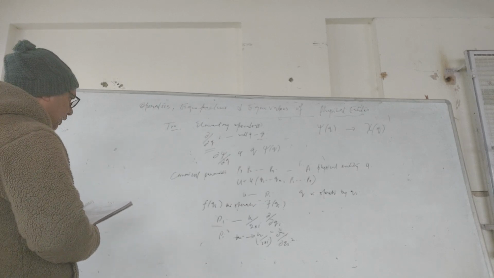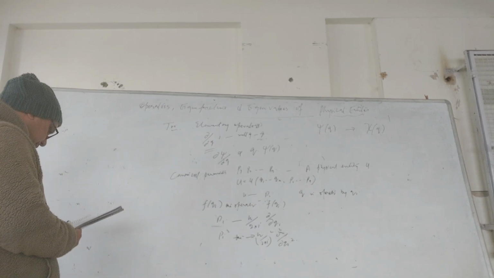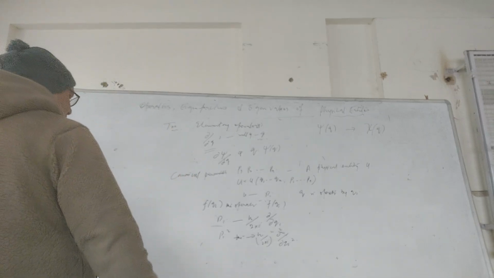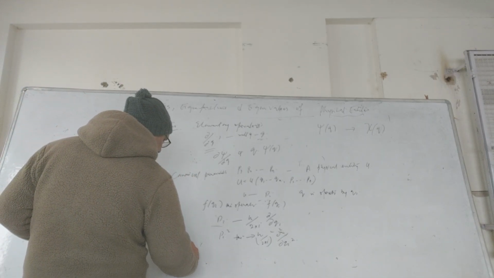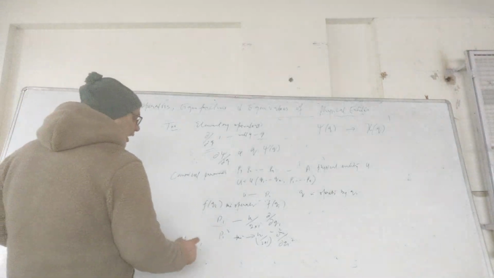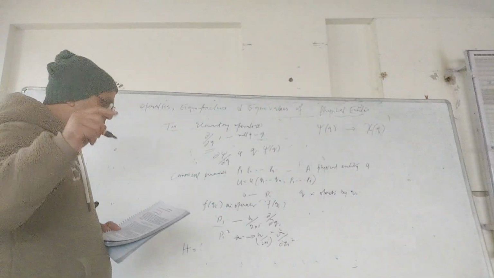So the U operator, so the Hamiltonian, the total energy H, can be written as h squared by 2m del squared.